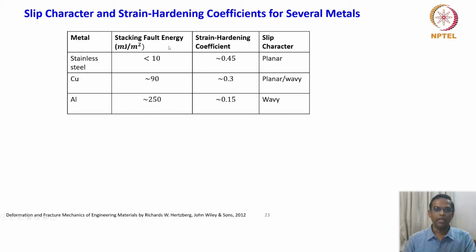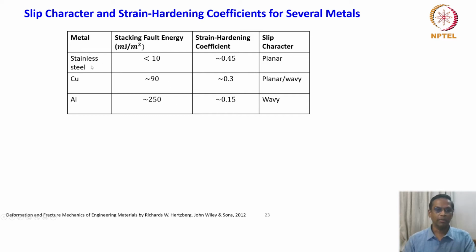The stacking fault energy plays an important role in determining the deformation characteristics of polycrystalline material. This is a fundamental property or characteristic of each material. So if you take the stacking fault energy, by just looking at the values, you will be able to predict some kind of dislocation activity, right?